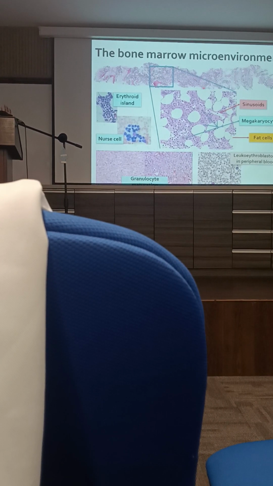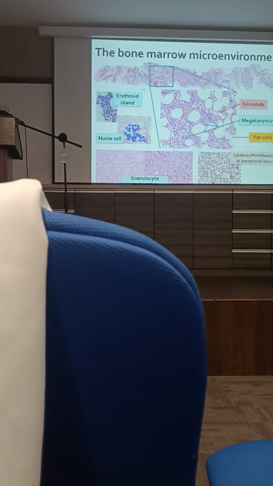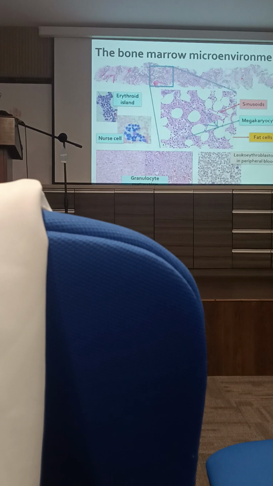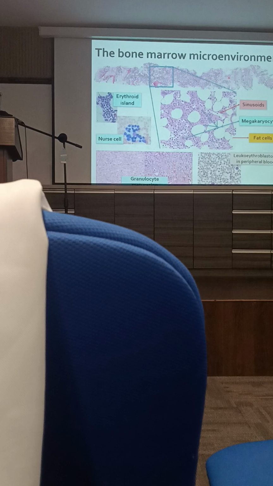Okay, so this is an example of a marrow environment. Alright, so you've seen what your gut lining looks like, what your pancreas looks like, what your heart looks like.